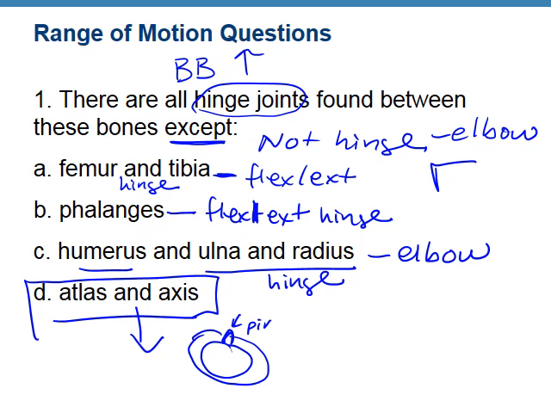This is a pivot point. So the atlas and the axis is actually a pivot joint. So you have to be able to think about these articulations and think of the way in which they move. So please look at the range of motion questions. There will be a few of these on your exam.